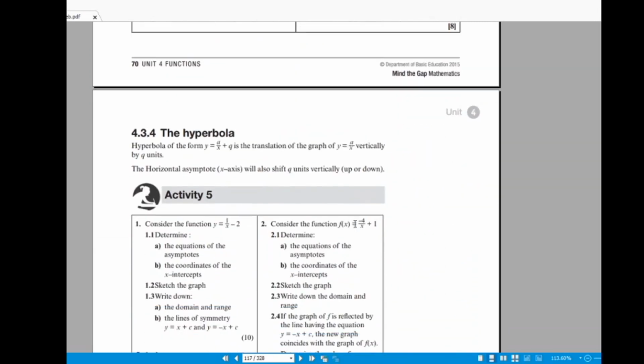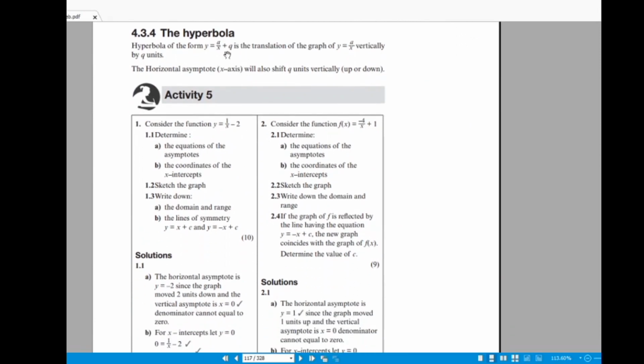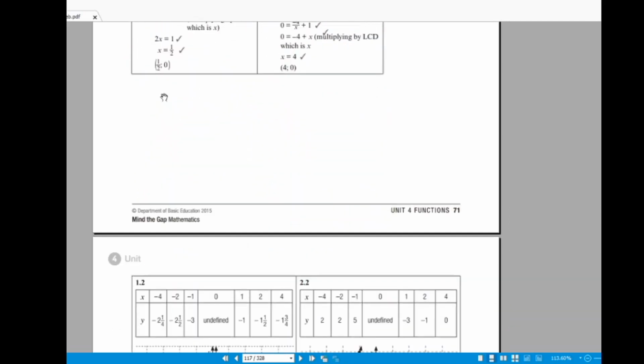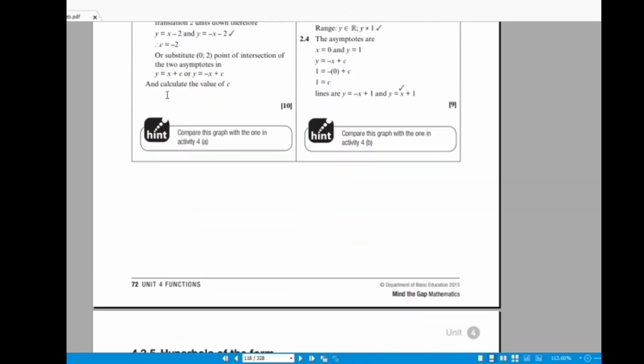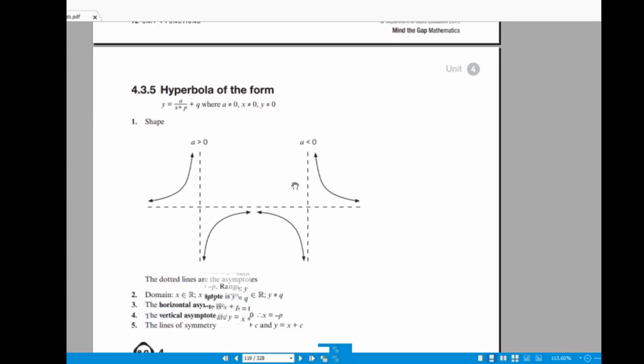So now we already spoke about the hyperbolic function in this form, right? Notice that the hyperbola of the form y equals a over x plus q is the translation of this standard form vertically by q units, right? And then for the other form, they are translating the graph q units vertically and p units horizontally, right?